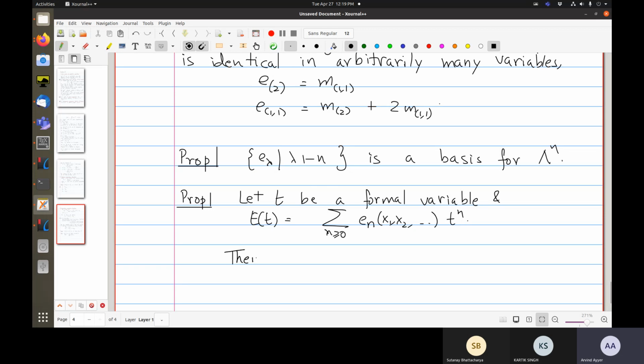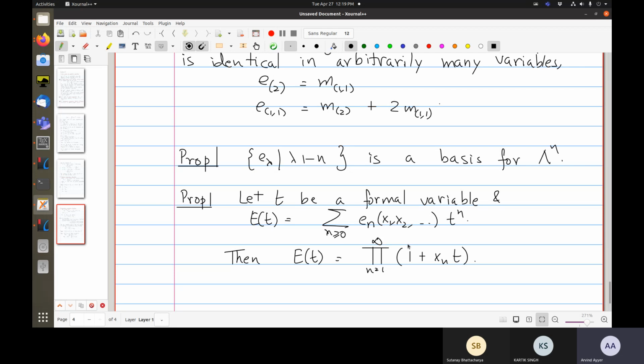Then E of t has this product formula: the product over n equals 1 to infinity of 1 plus xn t. This is kind of easy to show. If you take the coefficient of t to the n, you will get n of these guys in all possible orders, and if you sum over those, you will get precisely En. Okay, so that's easy to show, and I'm not going to say more than that.